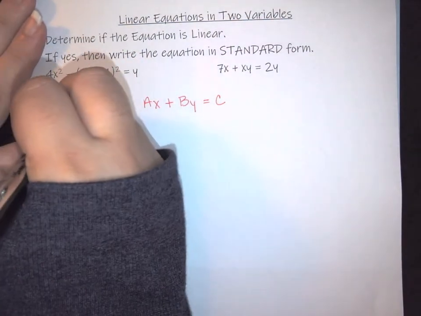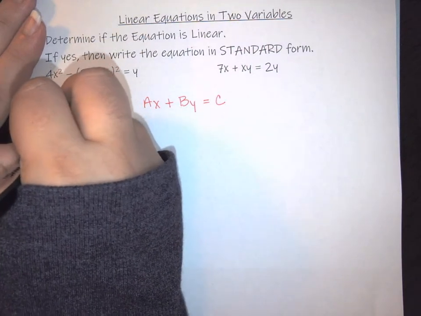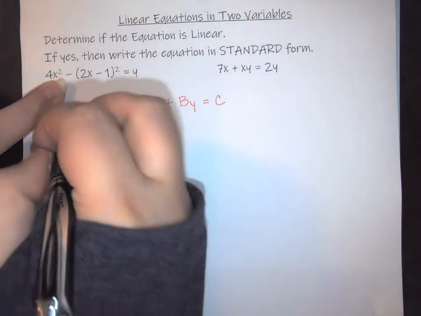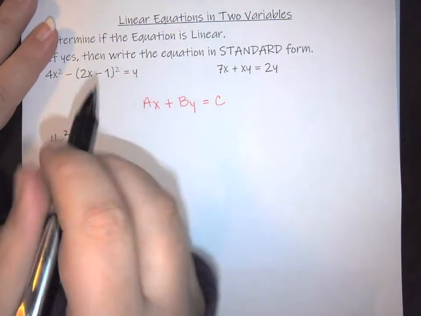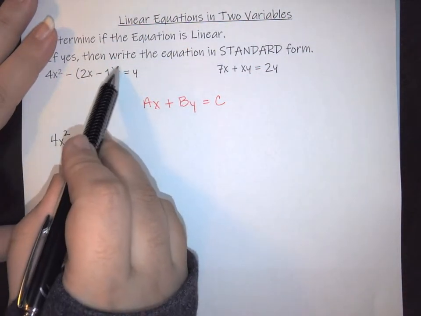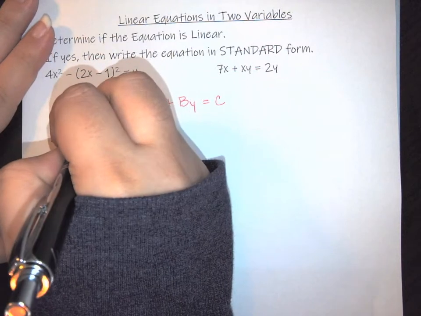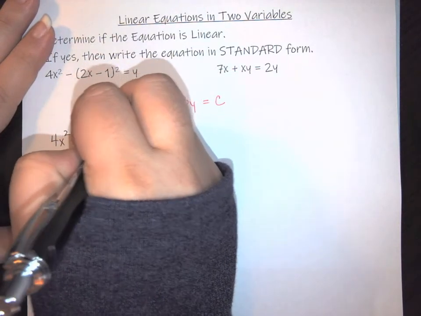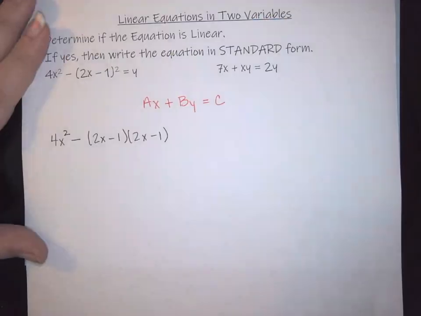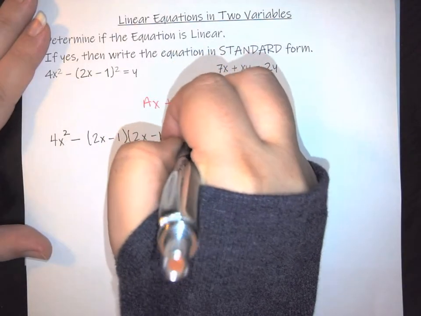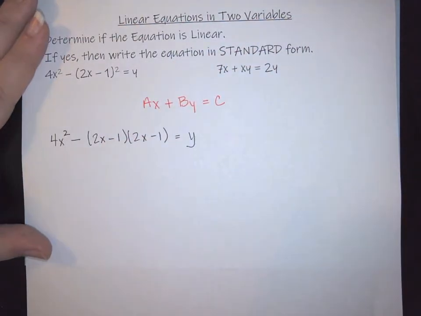So here we've got this 4x squared, which is going to remain, and my negative is going to remain as well, and I'm going to FOIL this together. The square means I have two of them. So essentially I've got 2x minus 1 times 2x minus 1. And this equals my y still.